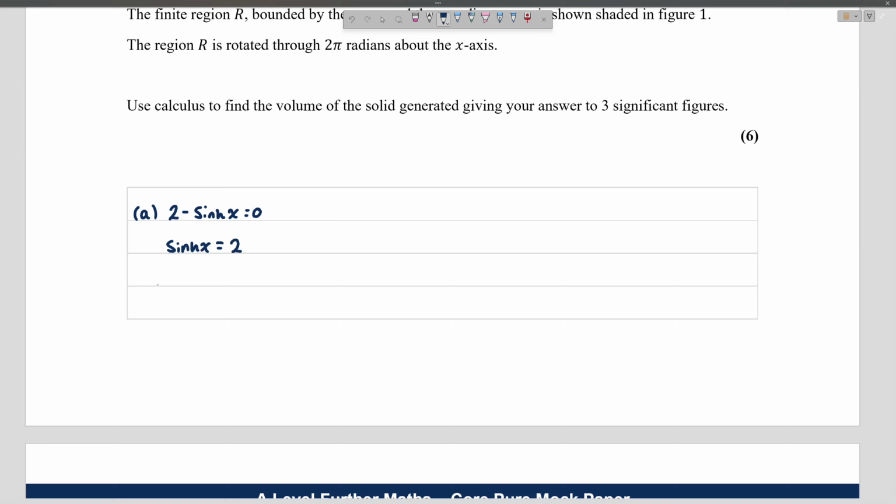Now, all we want here, right, is just x. So I want x here on the left-hand side. And so just to obtain then x on the left-hand side here, I just take arsinh of both sides. So x is equal to arsinh of 2.